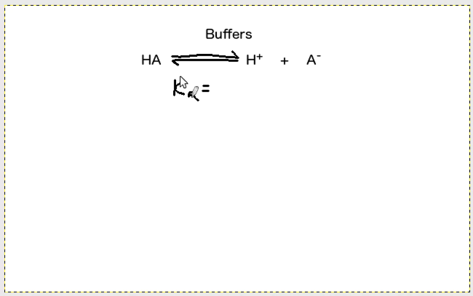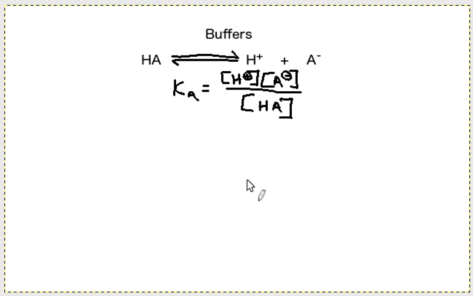Well, like any big K value, it's equal to the concentration of the products, in this case H+ times A-, over the concentration of the reactants. Okay. This is how we're going to start to build an equation which is going to allow us to calculate the pH of a buffered solution.